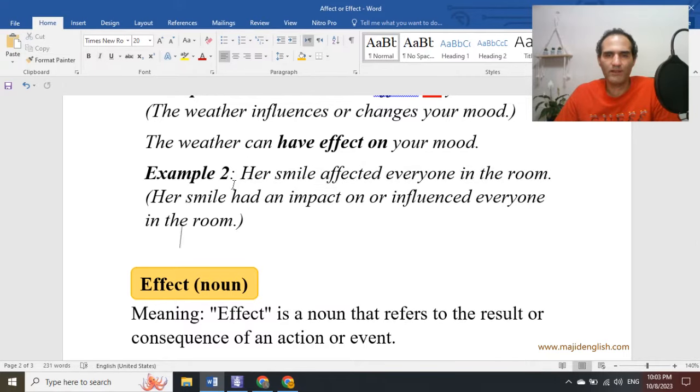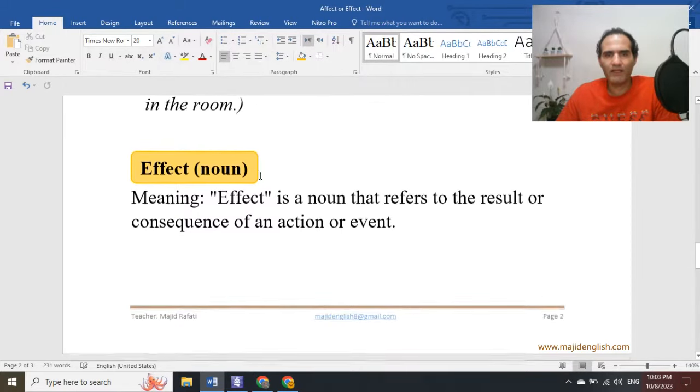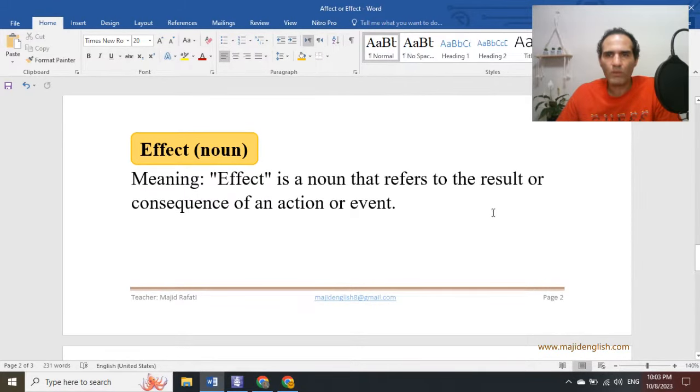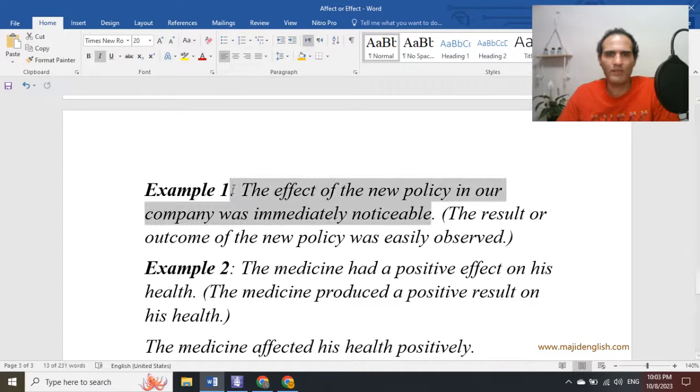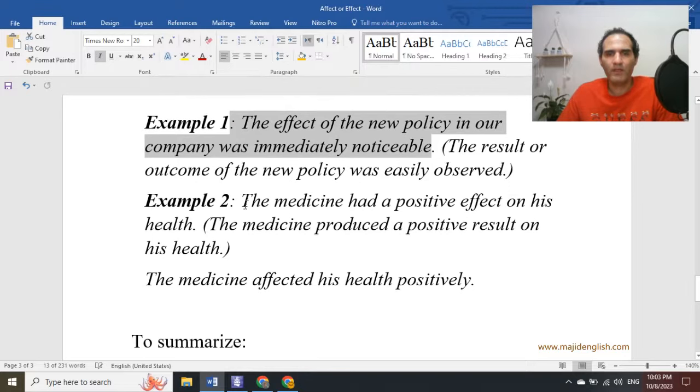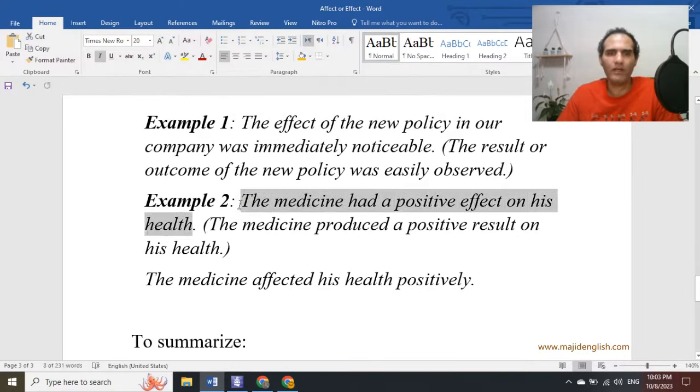This is the verb, and effect as a noun means the result of something, the consequence of something. Example: the effect of the new policy in our company was immediately noticeable. The effect of something, noun. The medicine had a positive effect on his health.